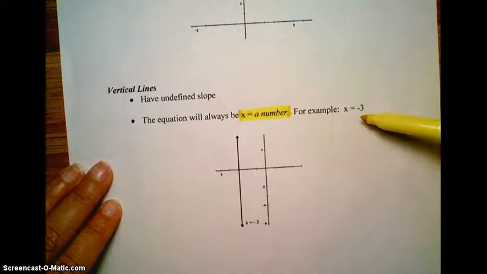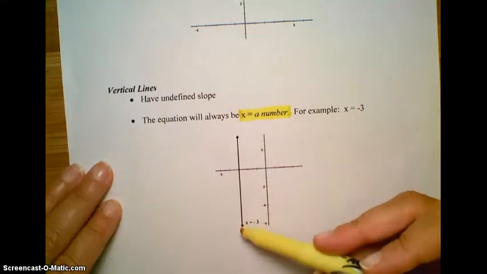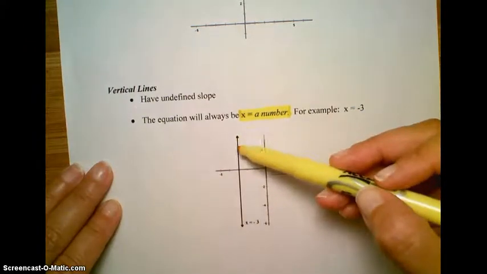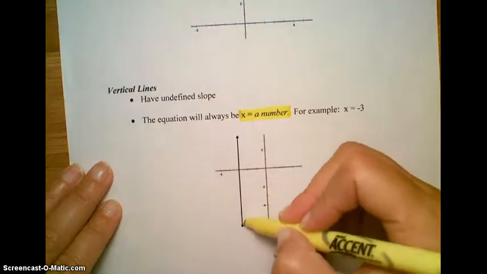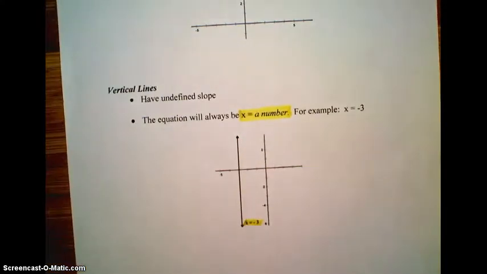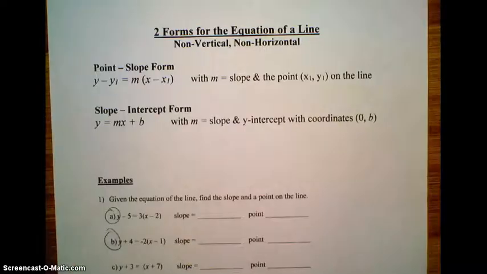And for example, I chose x equals -3, so you can see over here we have the vertical line x equals -3. All right, so that's about all you need to know for horizontal and vertical lines right now. Next page.